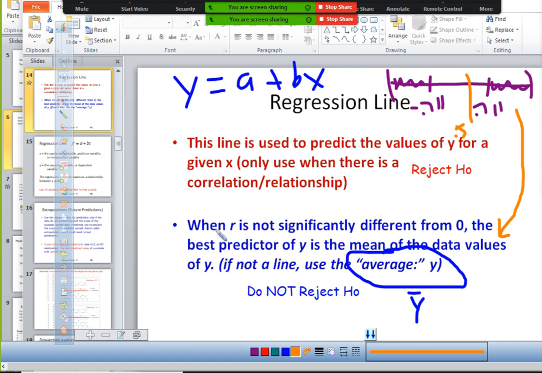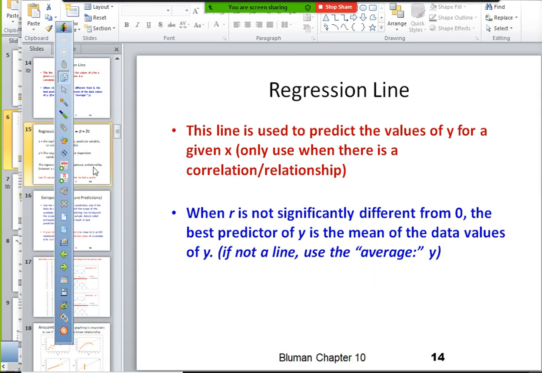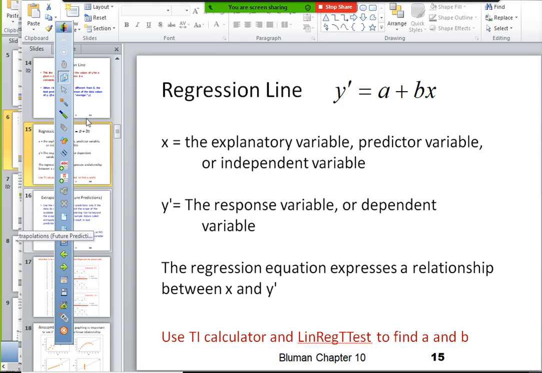Again, the way to think about that is to remember, can we all agree that height has nothing to do with your test score? So there's no correlation between them. So my best guess at the test score of someone who's 6'2" is whatever the class average is. That's my best guess, right? The Y bar for the class. So again, how do you get the regression line?